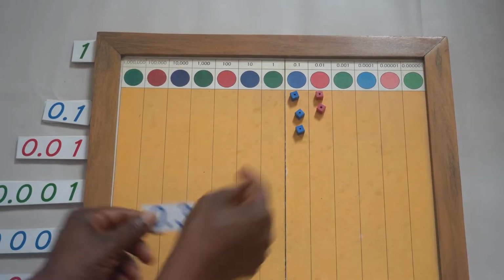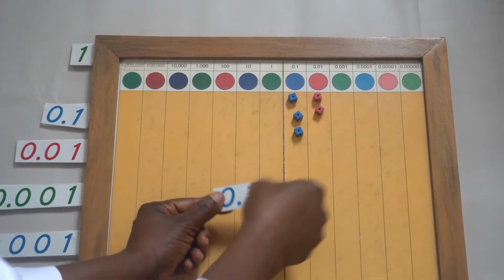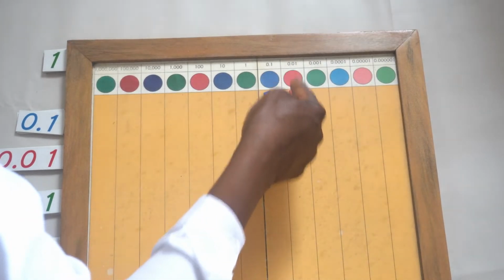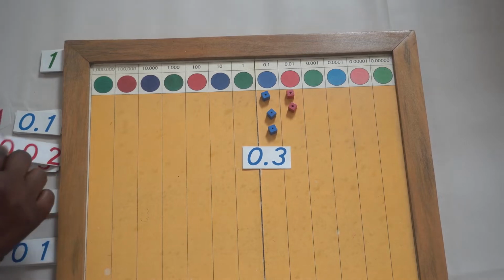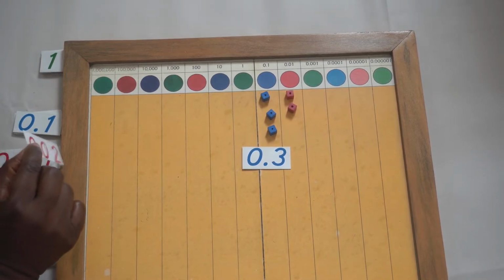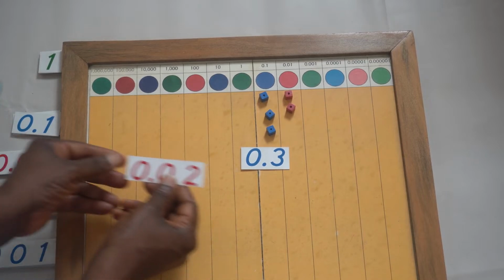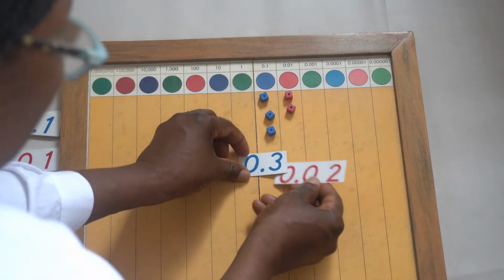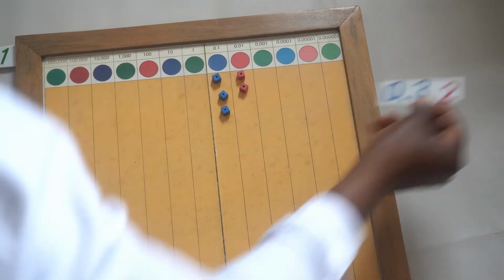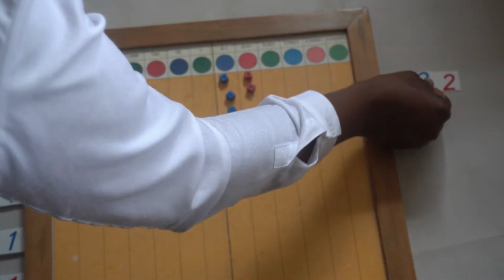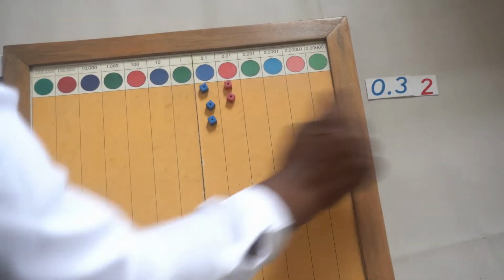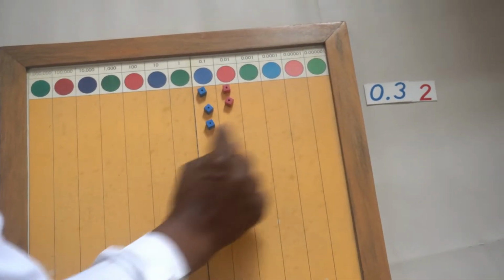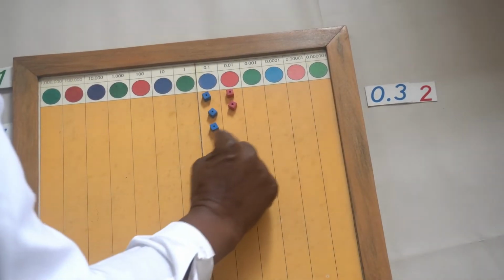Then for the hundredths category, I go to hundredths and look for 2 hundredths. And I put them together. You remember our magic slide? So what I have here is 32 hundredths.